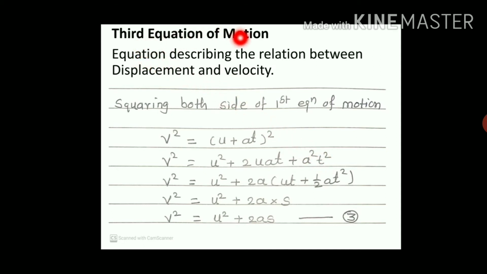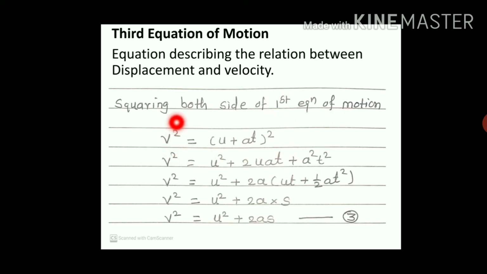The third equation of motion is also called the equation describing the relation between displacement and velocity. It is also known as the equation of relation between displacement and velocity. This equation, the third equation of motion, is derived by squaring both sides of the first equation.